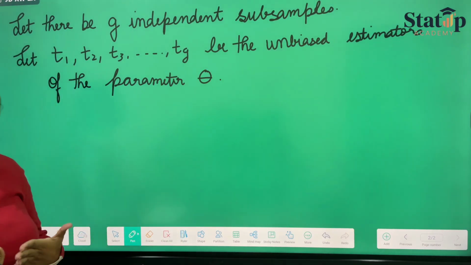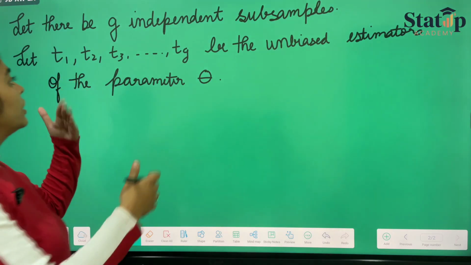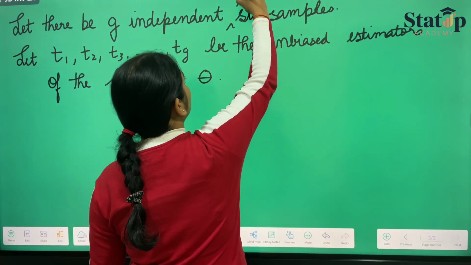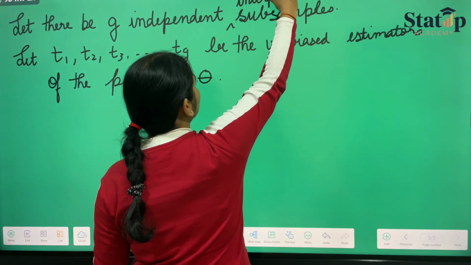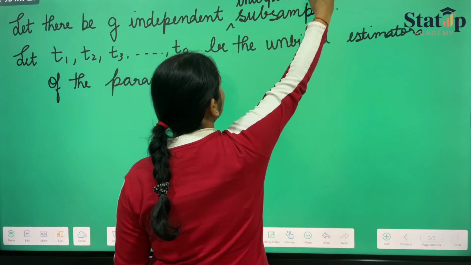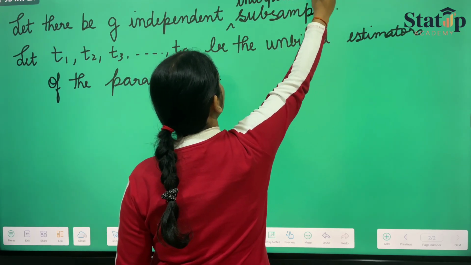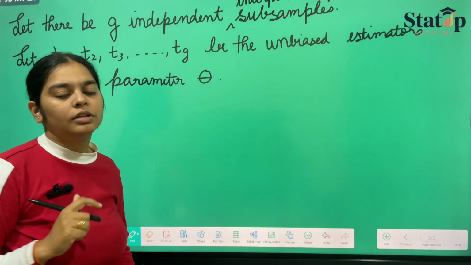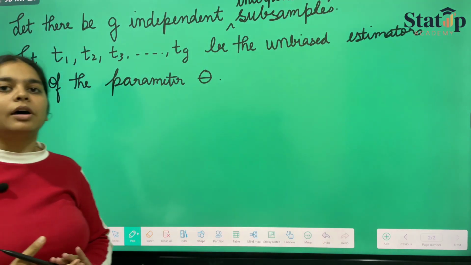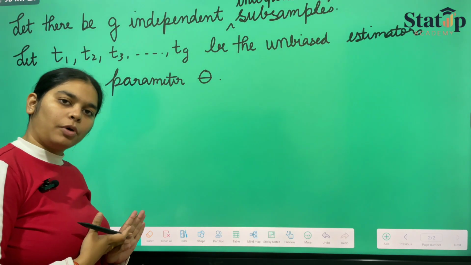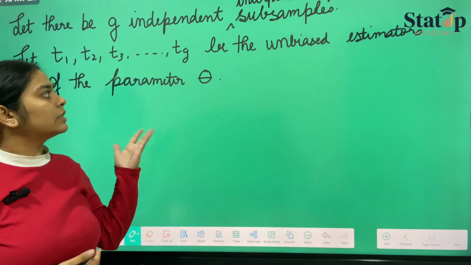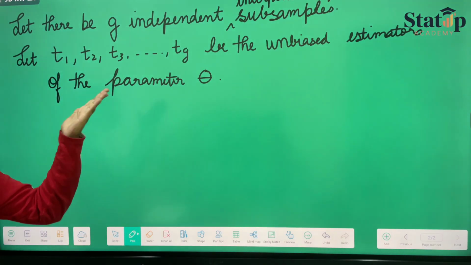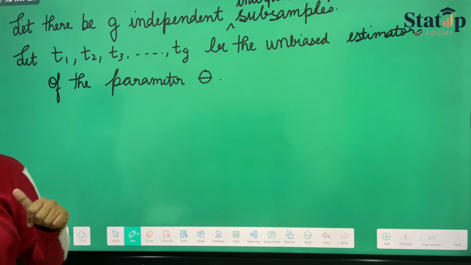There is one more thing to interpenetrating subsampling, independent interpenetrating subsamples. These estimators are also unbiased estimators of the population. So hence these are the unbiased estimators of the parameter of the population, which is theta.